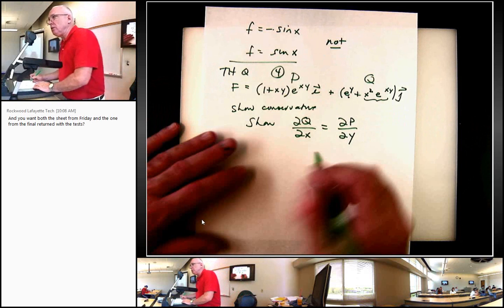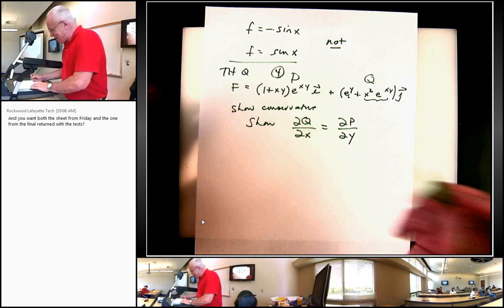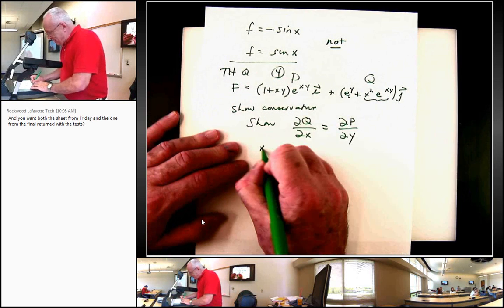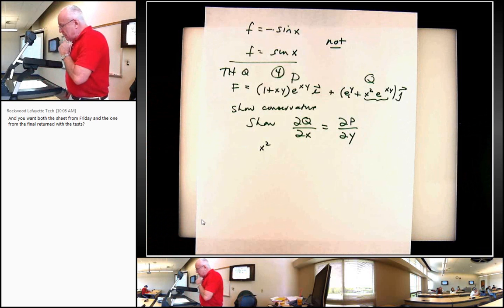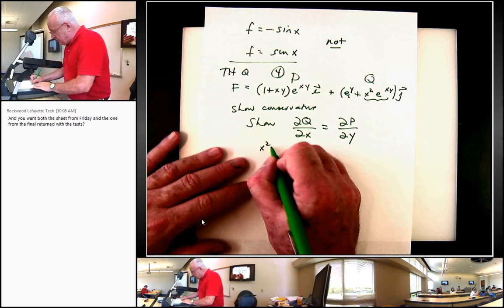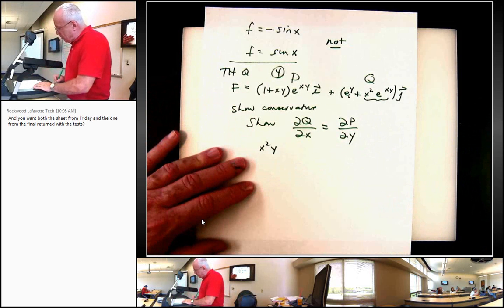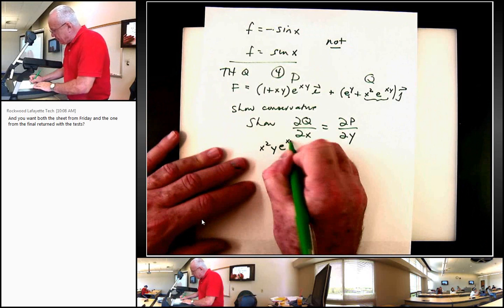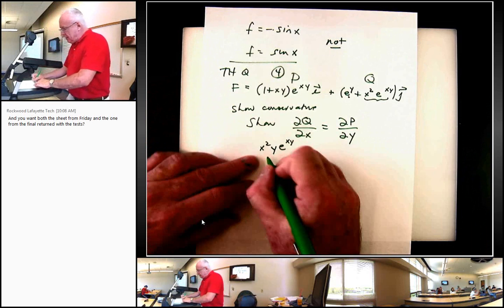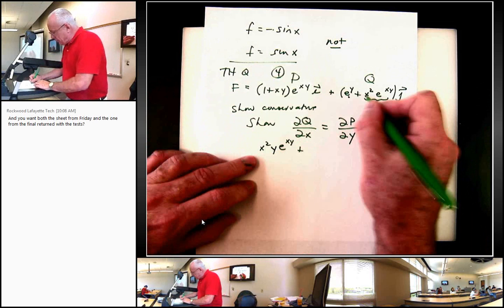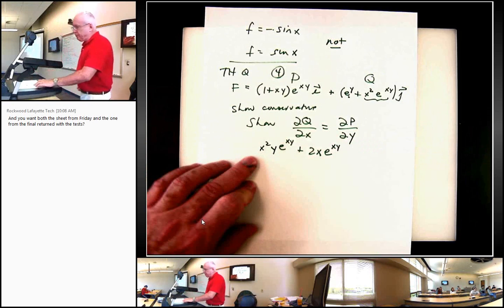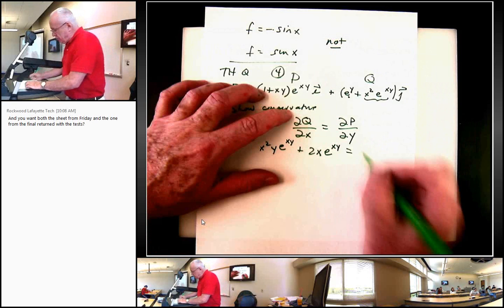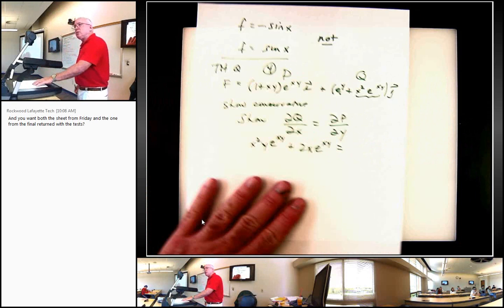So we have x squared times the derivative of e to the xy. y is our constant, so that's going to come down with the chain rule. So that's y e to the xy. And then we add the derivative of the first part, 2x times e to the xy. All right, so that's our dq dx. Does that agree with what you had?